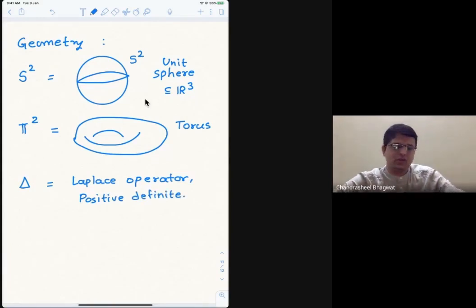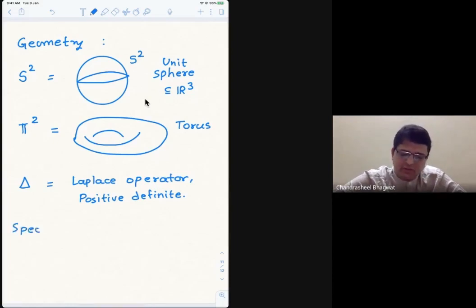In the case of the torus, it's the usual Laplacian, just del square by del x square plus del square by del y square. In the case of the sphere, it's also like that, but a little more complicated. And what happens is that there also the spectrum can be written down.